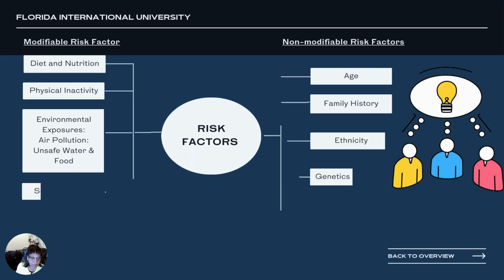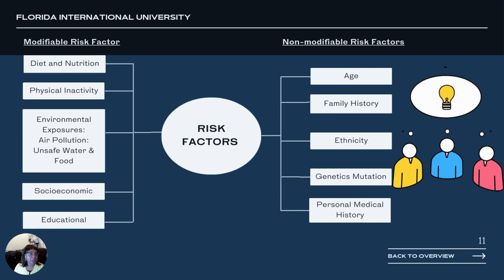Next, I'd just like to show the modifiable risk factors and the non-modifiable risk factors. So prostate cancer risk factors can be modifiable, such as diet and nutrition, physical inactivity, or the environmental exposure, such as air pollution, unsafe water and food, socioeconomic and educational factors.